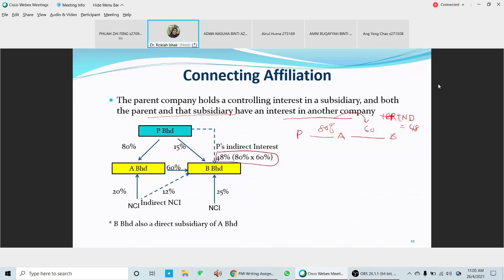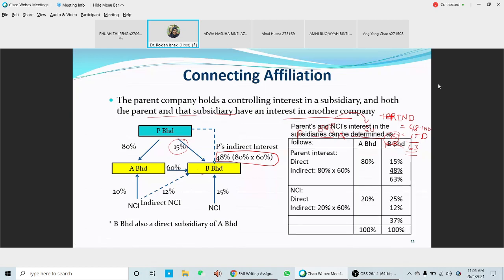And then parent also has shares in B of 15%. So altogether, parents are going to have 15 plus 48, so 63. 15 from direct, 48 from indirect. So altogether, parents have 63% in B. So B is also a direct subsidiary of A.